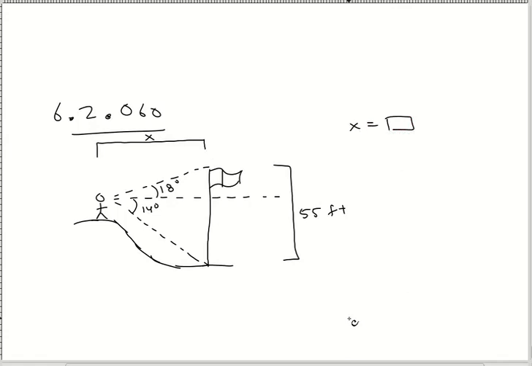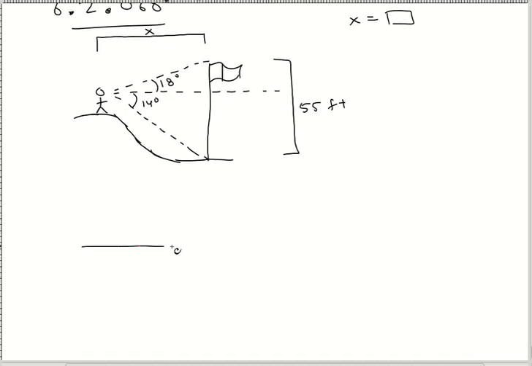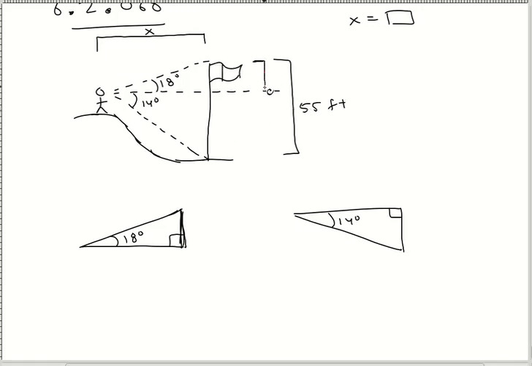Well, I'm going to have to break this down into smaller triangles, just like we did on other problems. So I'm looking at this guy, 18 degrees. And then I've got another one, 14 degrees. Notice that I know this is 55 total, but I don't know what the individuals are. So, like, what's this distance here?